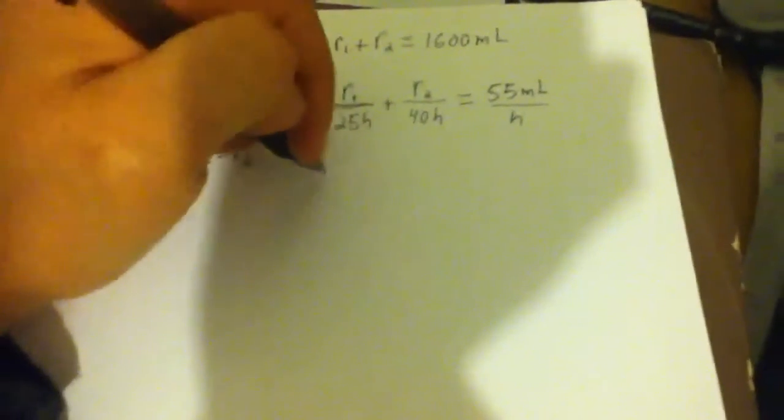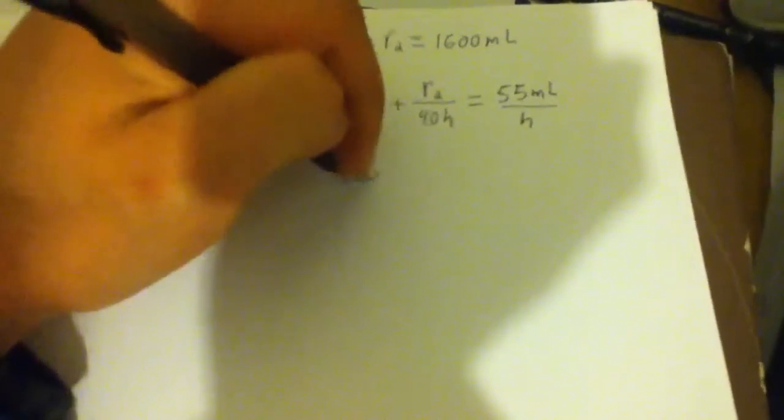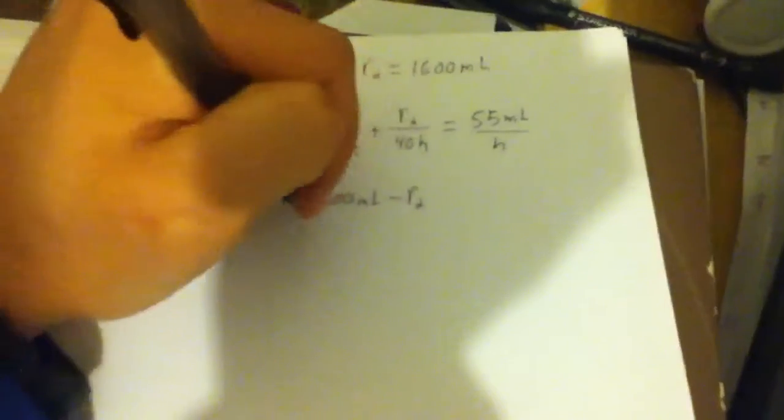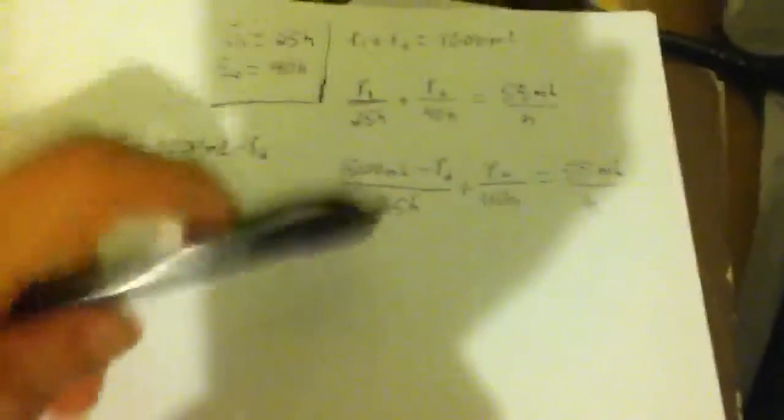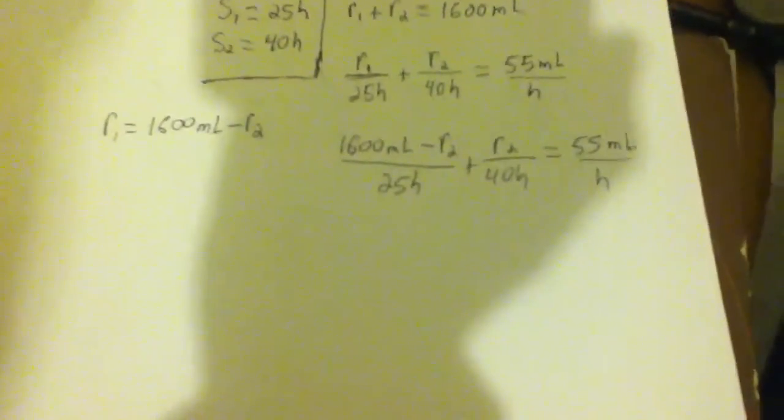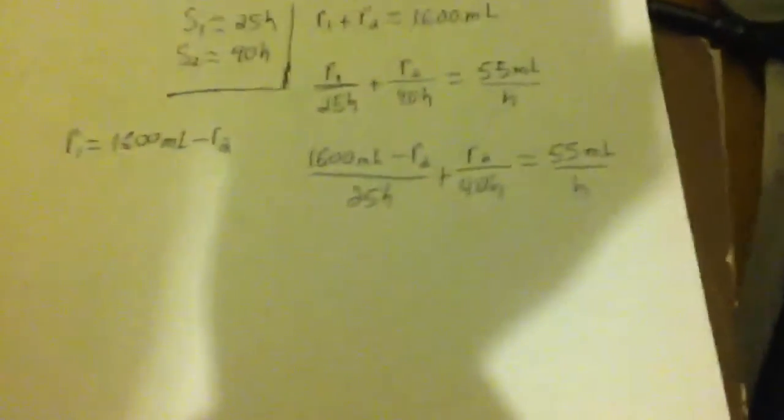So that gives us 1,600 milliliters minus R2 divided by 25 hours plus R2 divided by 40 hours, and is equal to 55 milliliters per hour. So make sure you keep track of units and things like that. They're very important, especially in word problems.